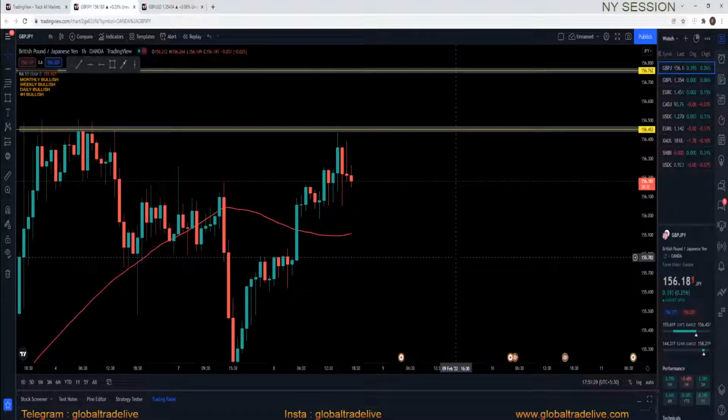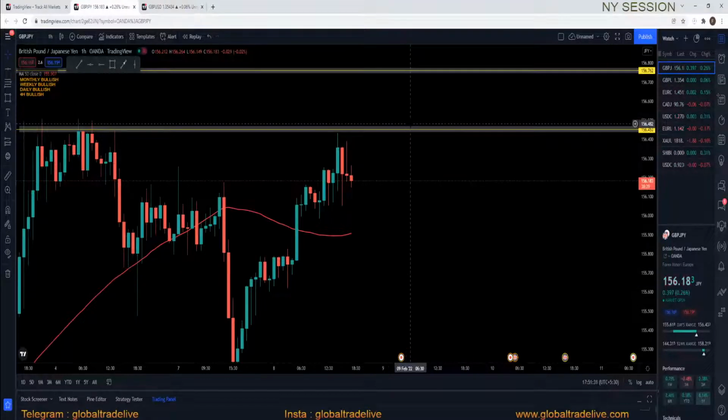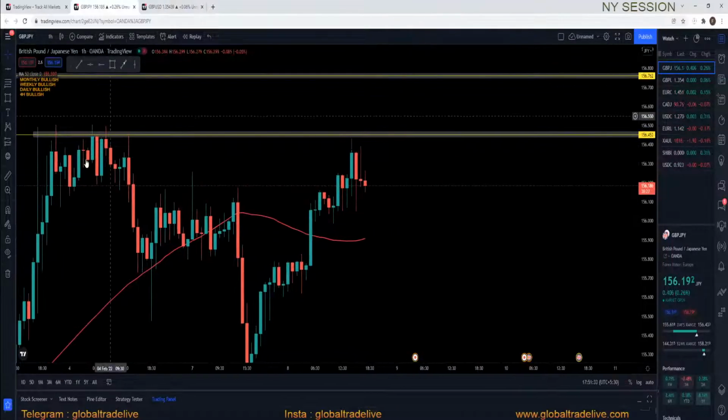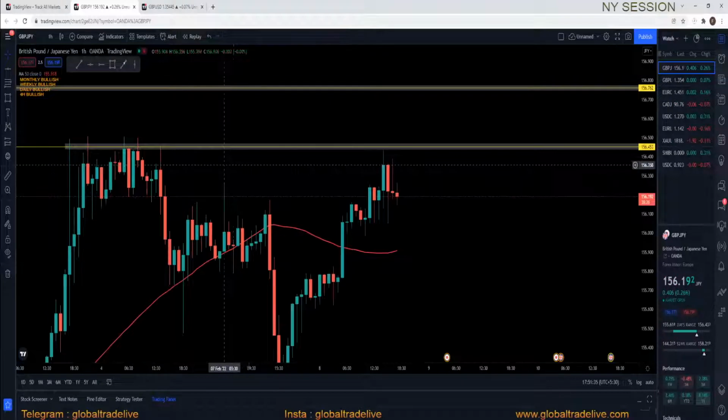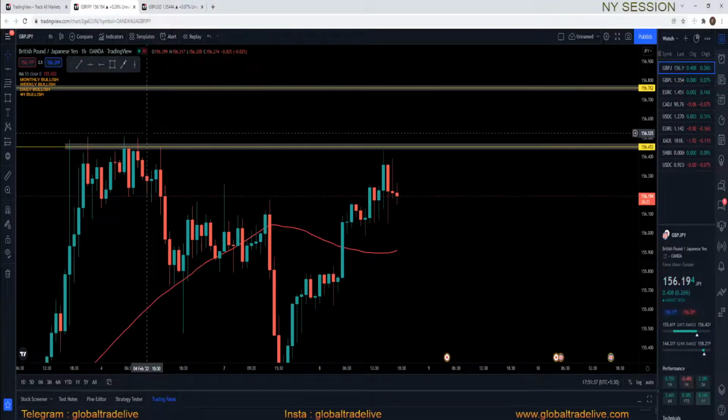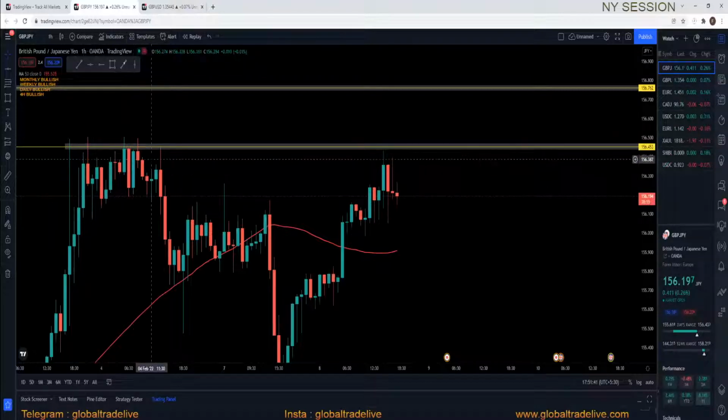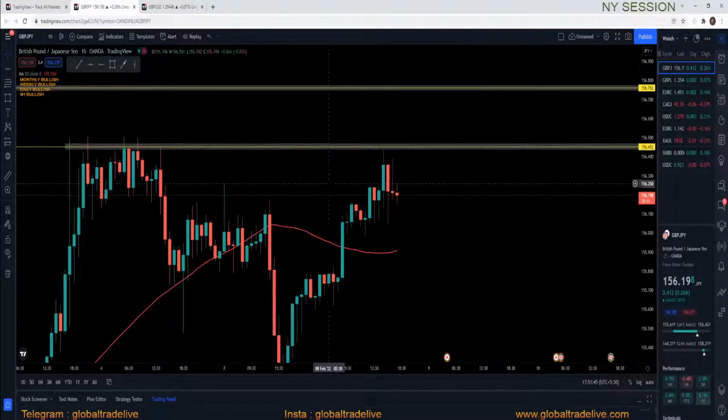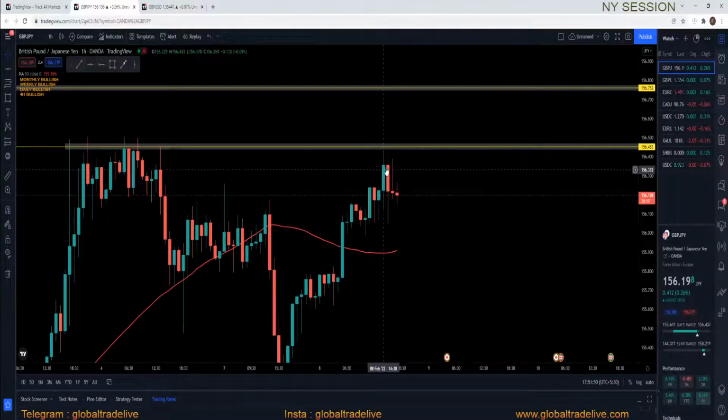Okay, so now we need to look for some more information over here on the left, right? So what information do we have? We have all these candles, multiple candles, which rejected this area earlier, right? Also in the current area as well, we have these candles rejecting this price over here.